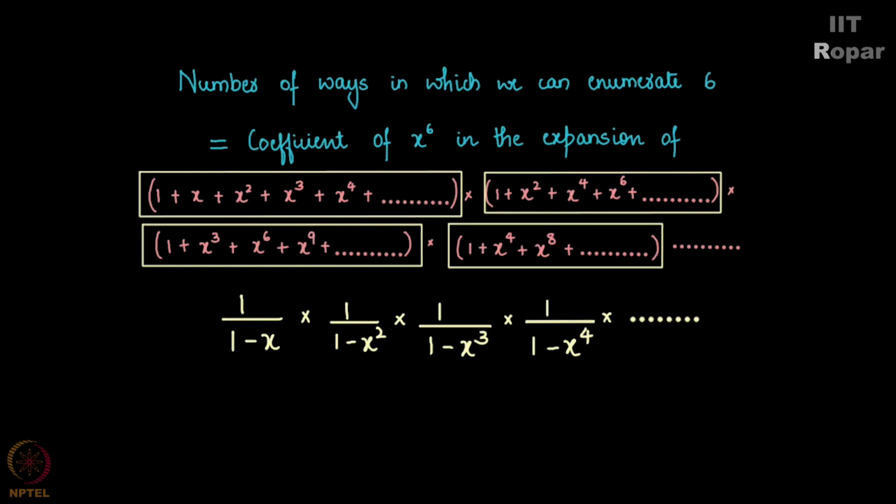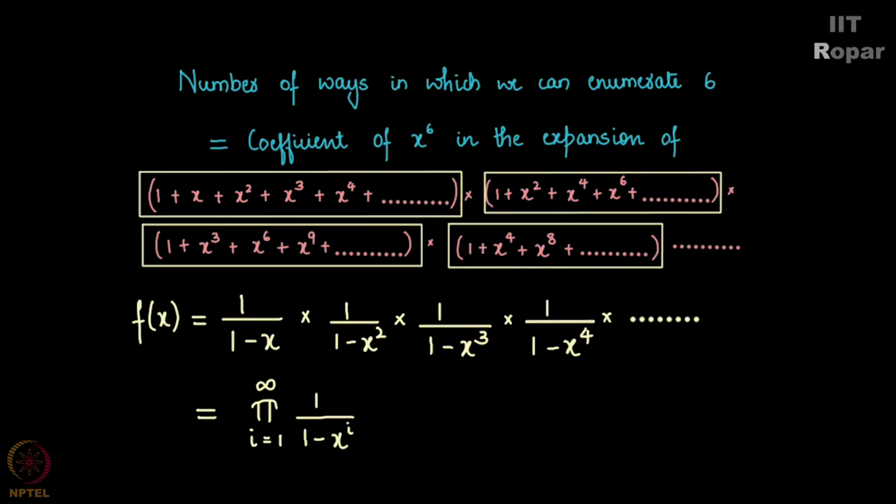Now, if I represent this product as f of x, then in general it can be written as the product from i equal to 1 to infinity of 1 by 1 minus x to the i. Right? You are seeing that I am multiplying x to the i.